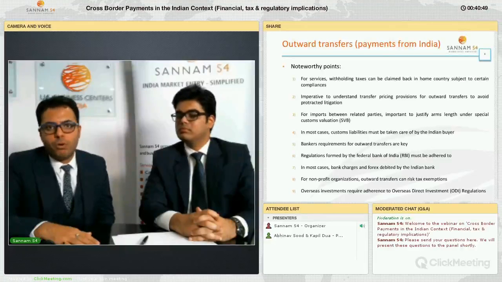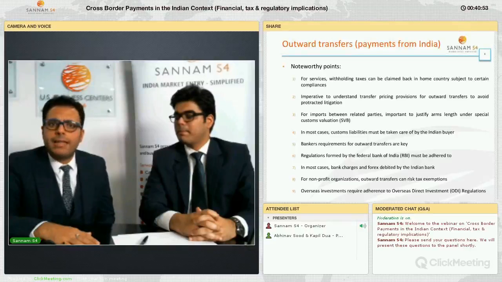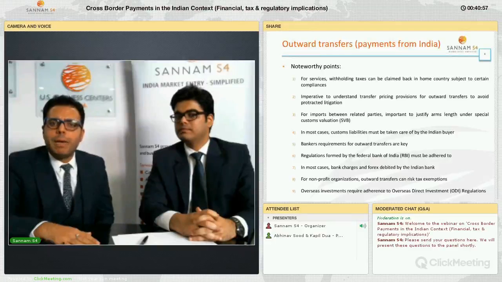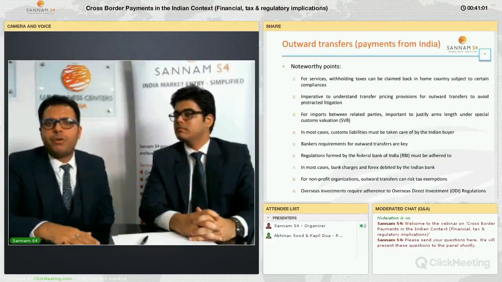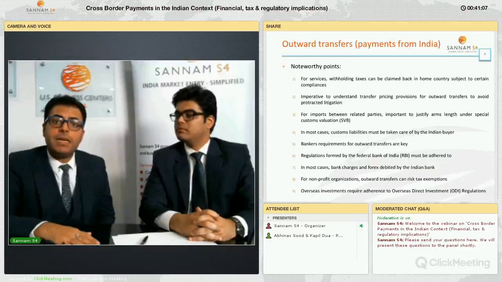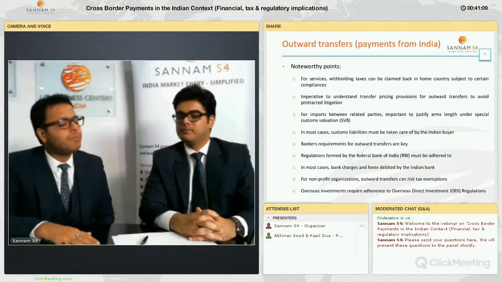There are further regulations on what kind of business they can do. They cannot do gambling, they cannot do real estate trading, and there are a few more restrictions. But from a payment point of view, you do need to understand the restrictions when you're transferring funds from the Indian company to subsidiaries overseas, when the Indian company becomes a holding company.